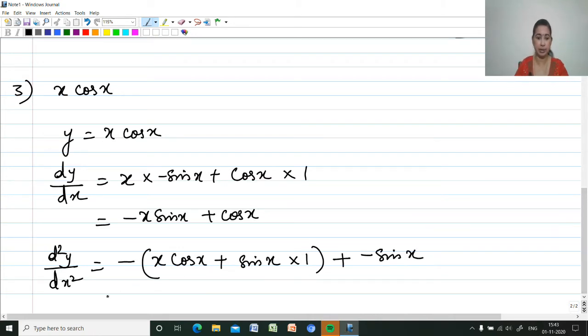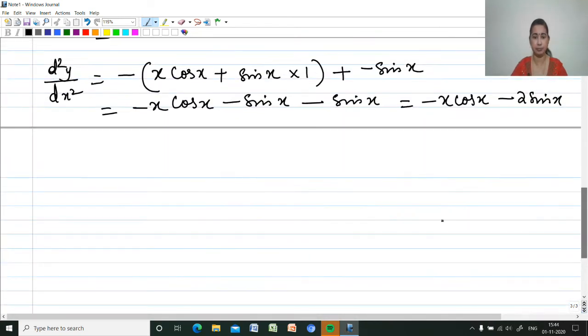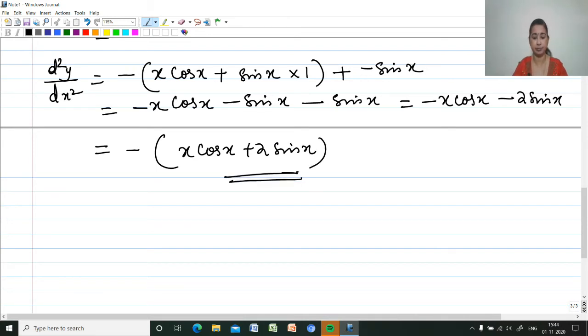So this can be written as minus x cos x minus sin x minus sin x, and that is equal to minus x cos x minus 2 sin x, and negative sign is common. So that is equal to minus of x cos x plus 2 sin x. That's the second derivative.